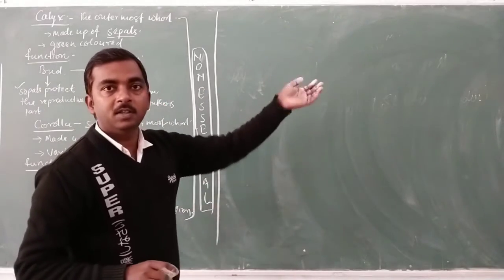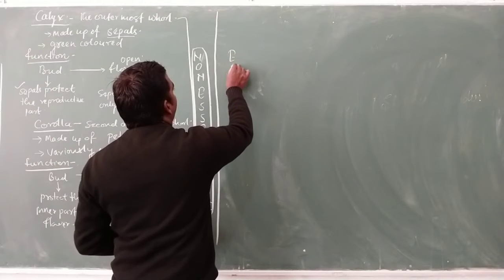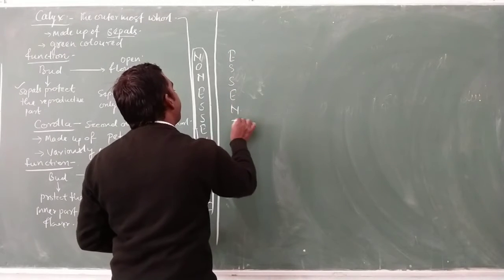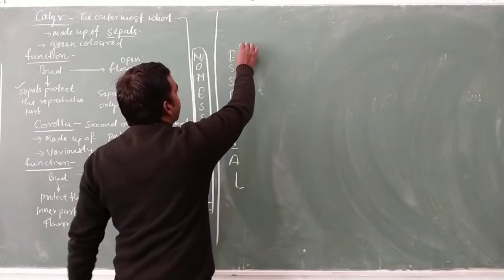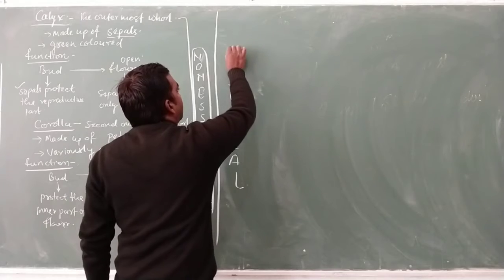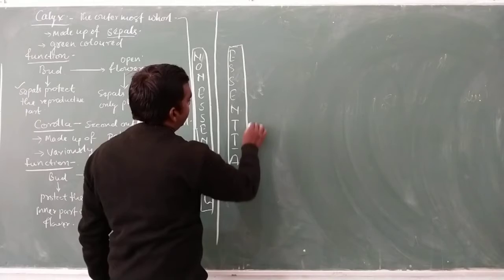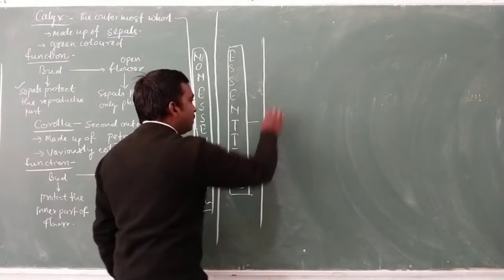Now we will discuss the essential part of the flower. In the essential part, we will discuss the two components of the flower, the male and female reproductive organs.